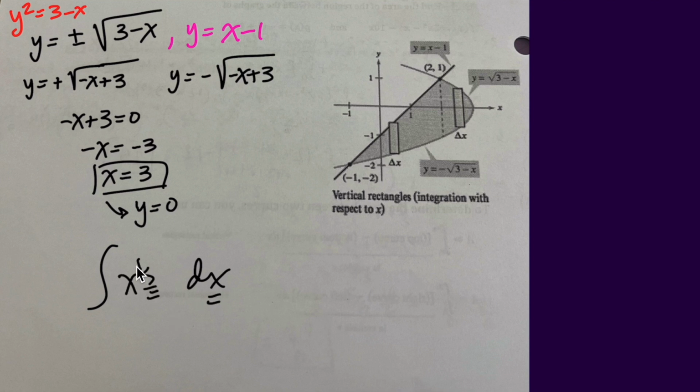If you have x's there, you have to solve for y. And in this case, when we solve for y, we get two different functions, a positive and a negative version. So let's think about how to graph both the positive and negative version of the square root of negative x plus 3.